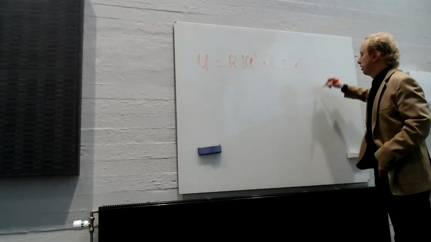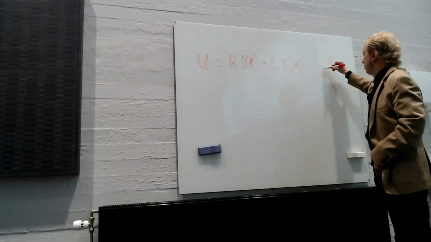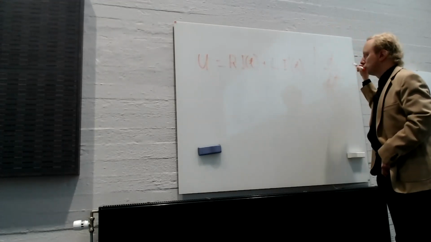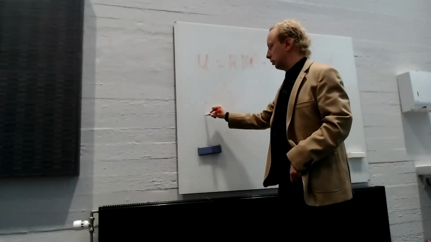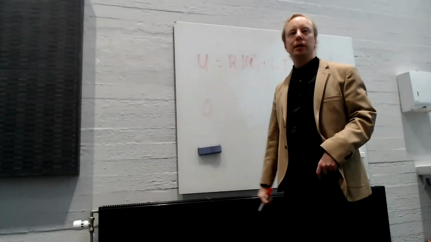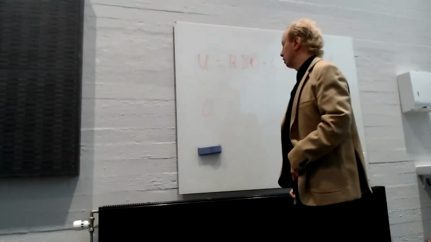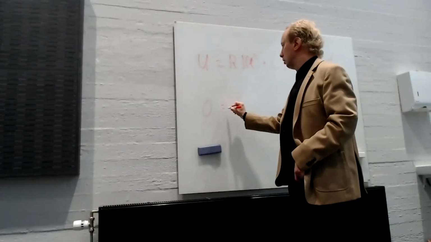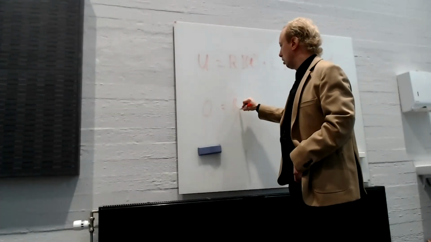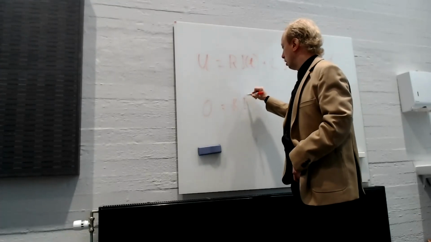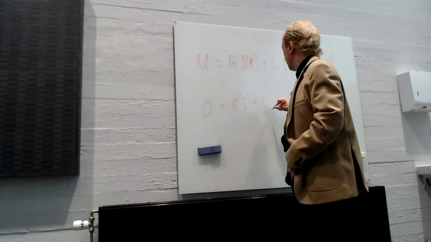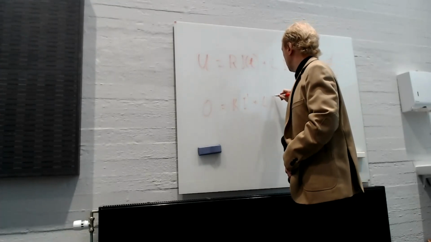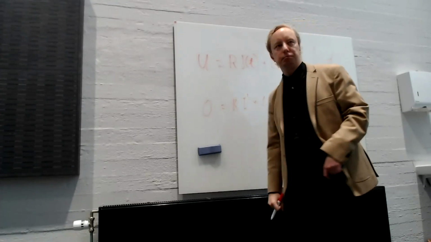If we take the time derivative of both sides, we get 0 because we're having constant voltage, and we get R I dash plus L I dash dash.